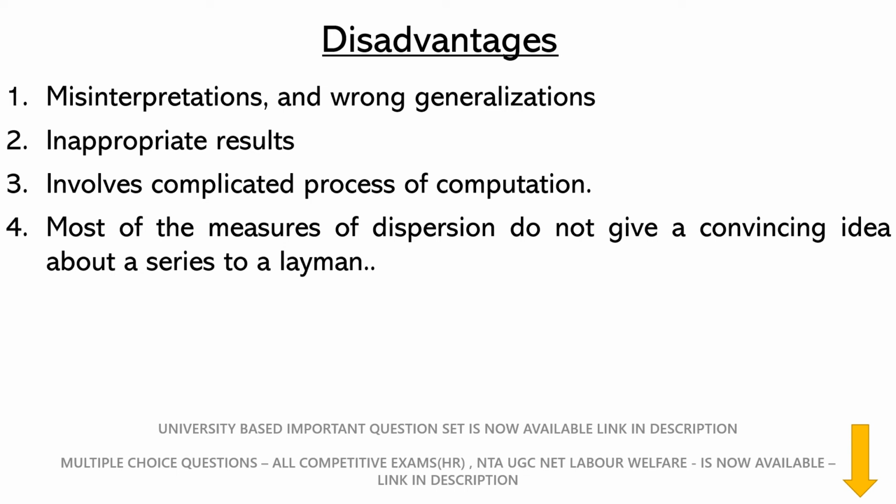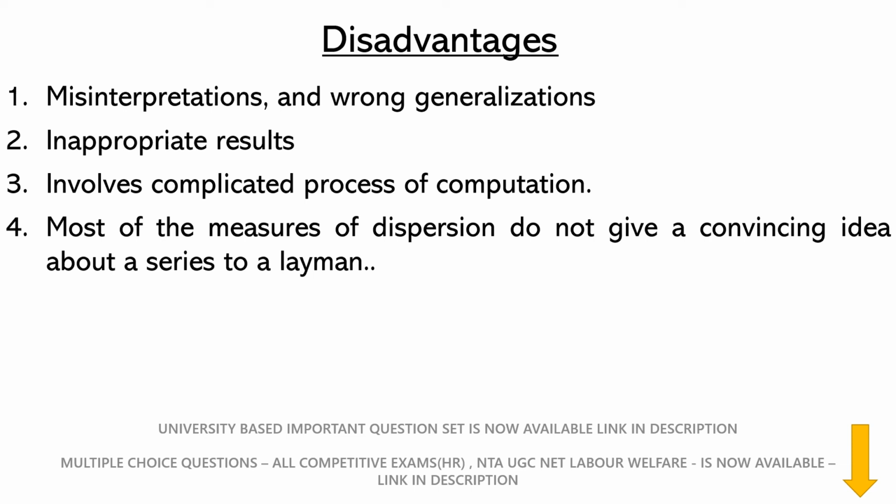Then it can give inappropriate results, because the variations can be calculated using different methods. See, I have previously told that these are the various methods, so there can be a chance that the results will not be accurate because the variations are being calculated using various methods.